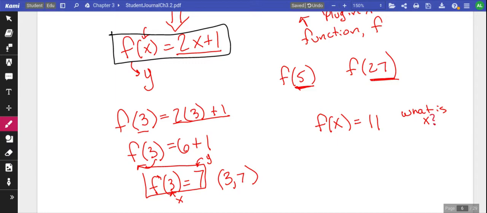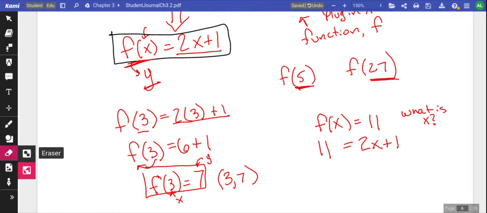What's the value of x that makes this output, that makes y equal to 11? So instead of plugging in 11 for x, you're going to say, this 2x plus 1, I don't know what x is, but I know that it's going to equal 11. Instead of f of x here, I'm going to make that equal to 11.